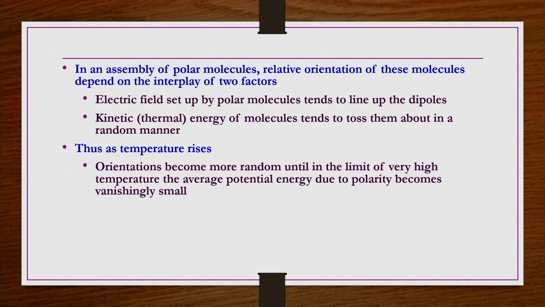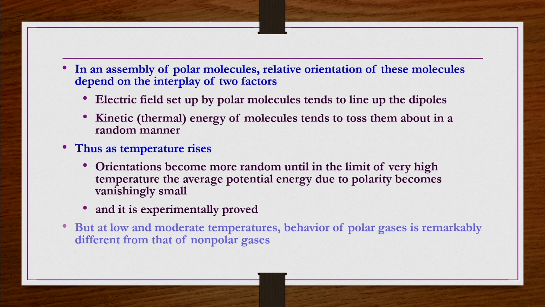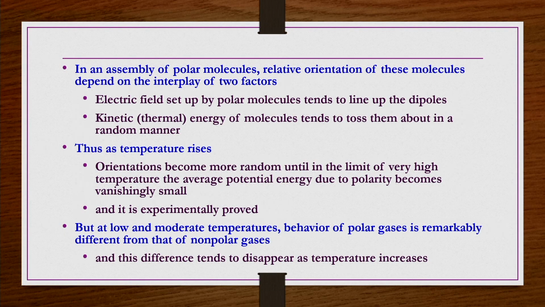So, that is the reason we say that at high temperature usually we may not have any intermolecular potentials, and the system behaves as an ideal gas, and this is experimentally proved as well. But at low and moderate temperatures, the behavior of polar gases is remarkably different from that of non-polar gases. Okay. And this difference tends to disappear as temperature increases.